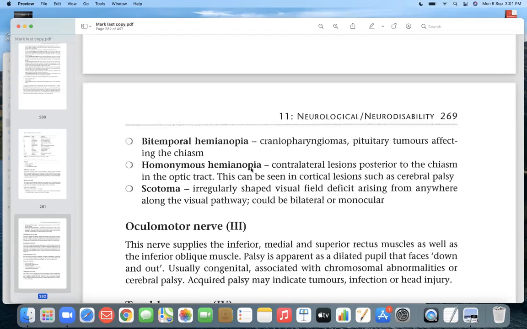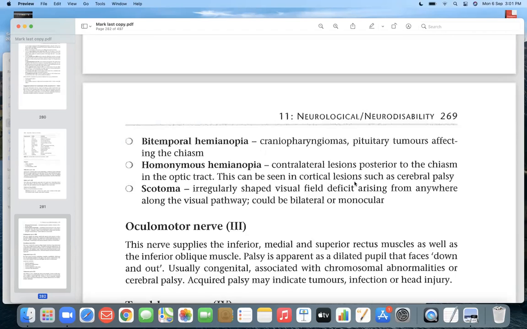Then for homonymous hemianopia, contralateral lesions posterior to the chiasm, that is the optic tract lesion, and the vision is affected on the contralateral side. You have to remember. Okay. So suppose the right optic tract is affected, you will not see the left temporal and the left nasal. Okay, it is contralateral.